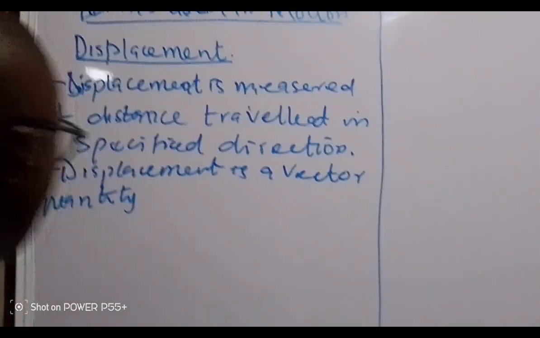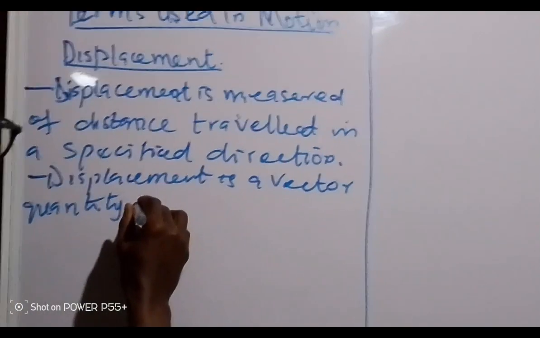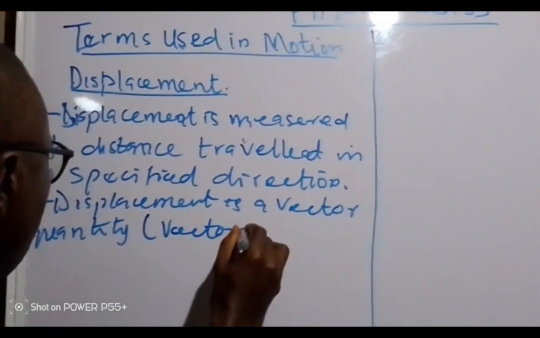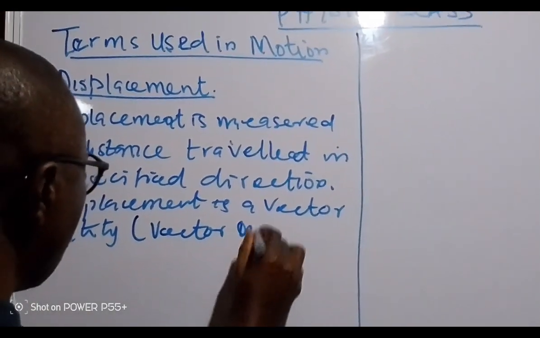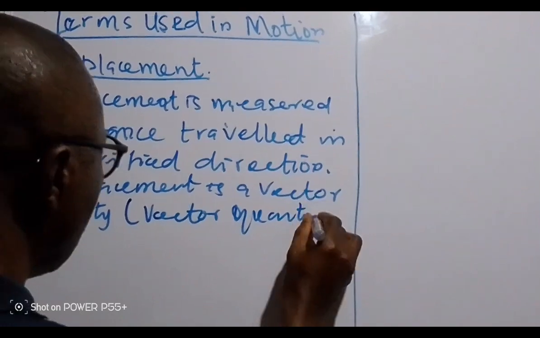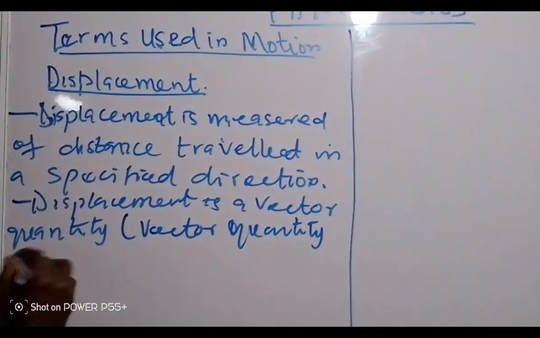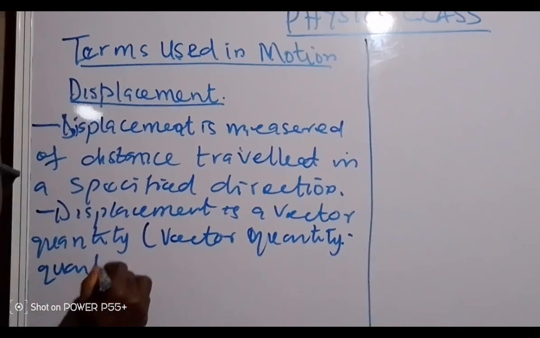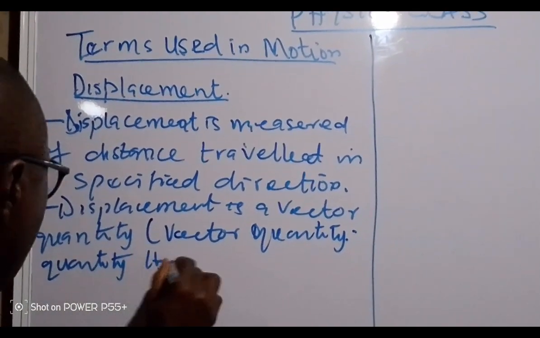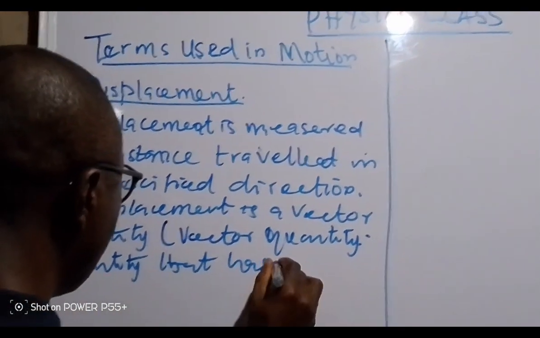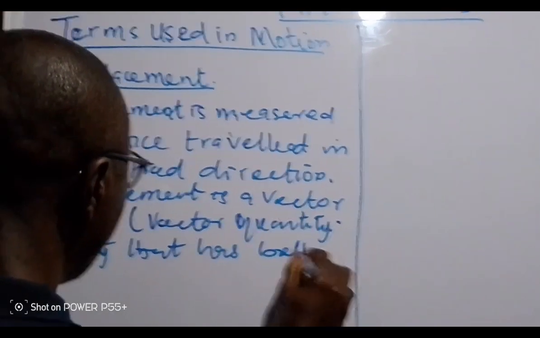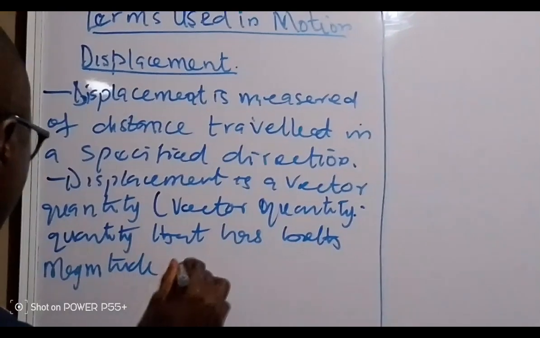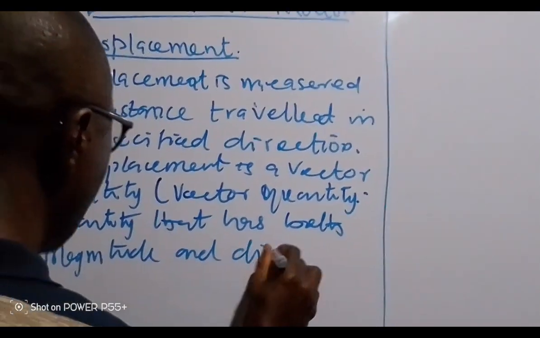When you say vector quantity, it means a quantity that has both magnitude and direction.